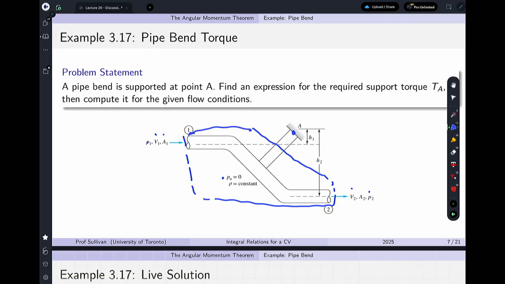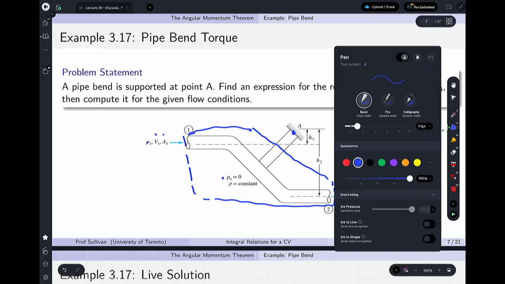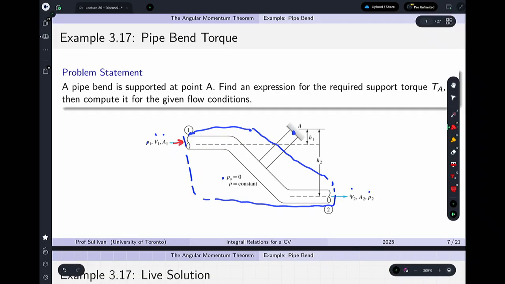Now the important thing with control volumes, and this is something that you should practice, it's like your free body diagrams in first year, you need to have it so that the face here is always acting normal to the flow. And then everything becomes a lot easier. If you have a non-normal face, then you're going to have all sorts of flipping around that you have to do in terms of the geometry.